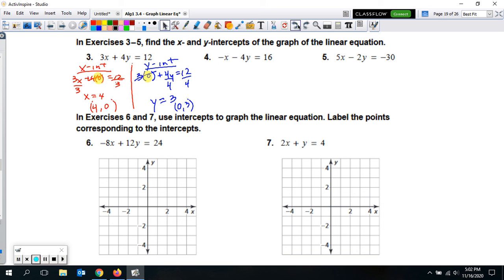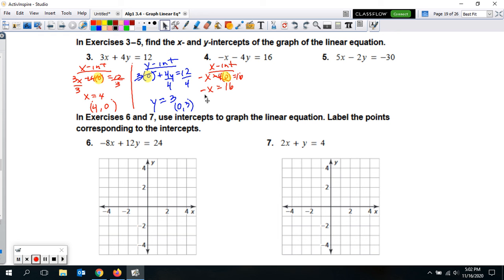Okay, number 4, finding the x-intercept, we're going to plug in 0 for y. So again, negative x plus 4 times 0, we're replacing y with 0, is equal to 16. So that cancels it out. It's now just negative x equals 16. So if negative x is equal to 16, we could multiply both sides by -1, or divide both sides by -1.